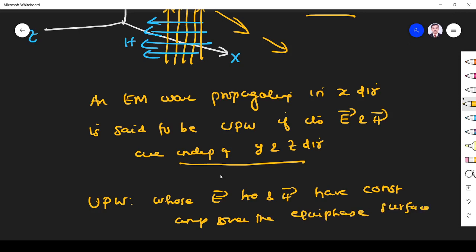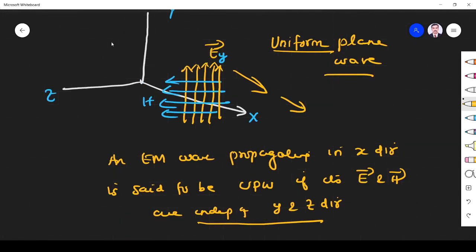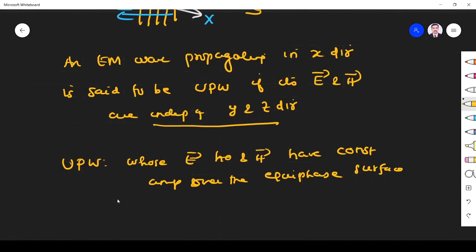That's what independent of Y and Z means. E and H are independent of Y and Z means that whatever the location of Y and Z, the amplitude of the electric field is the same. That is a very important point to be noted.